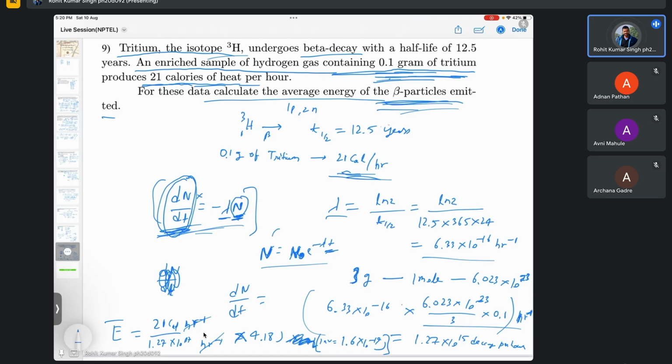Daughter particles don't get much of the energy from beta decay. It is not an exact value. Obviously, there will be some energy shared with the daughter particle also. But the maximum energy will be carried out by the beta particles.